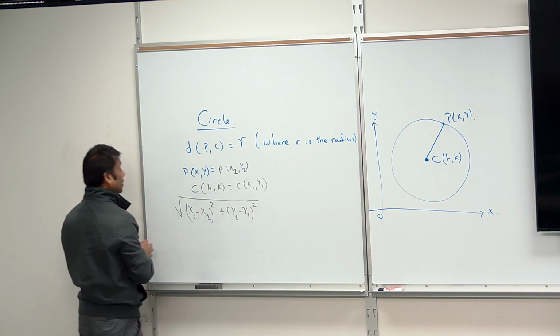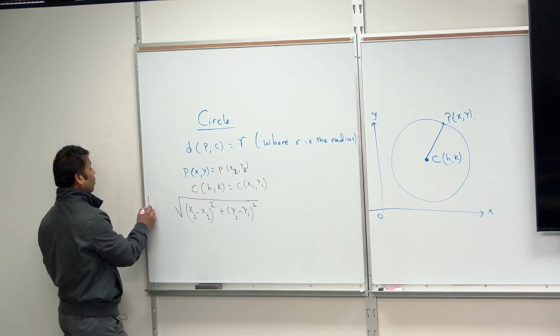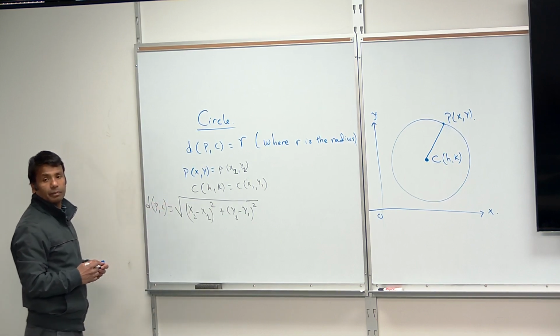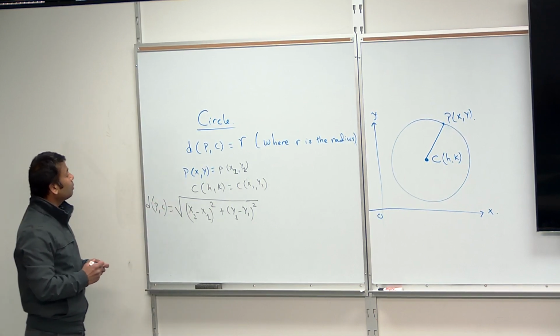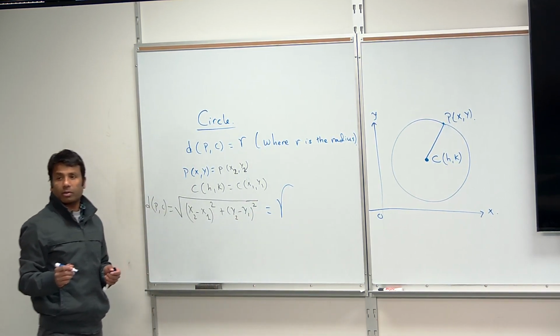This is the distance between any 2 points, let's say P and C. But this distance is the radius of the circle, r.